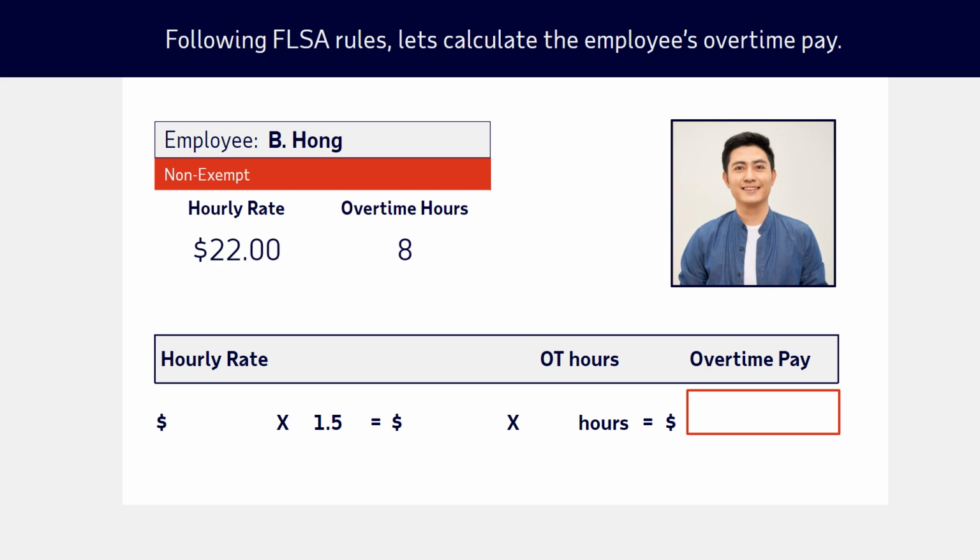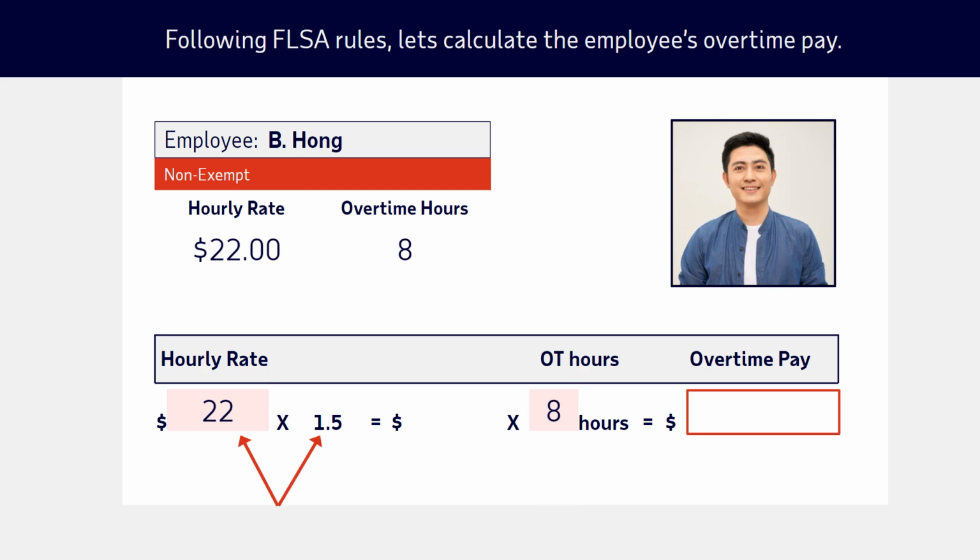Following FLSA rules, let's calculate the employee's overtime pay. Mr. Hong is a non-exempt employee with an hourly rate of $22. He worked 8 overtime hours this work week. What will his overtime pay be? First, let's plug in what we know. We know Mr. Hong's hourly rate is $22, and we know he worked 8 overtime hours.